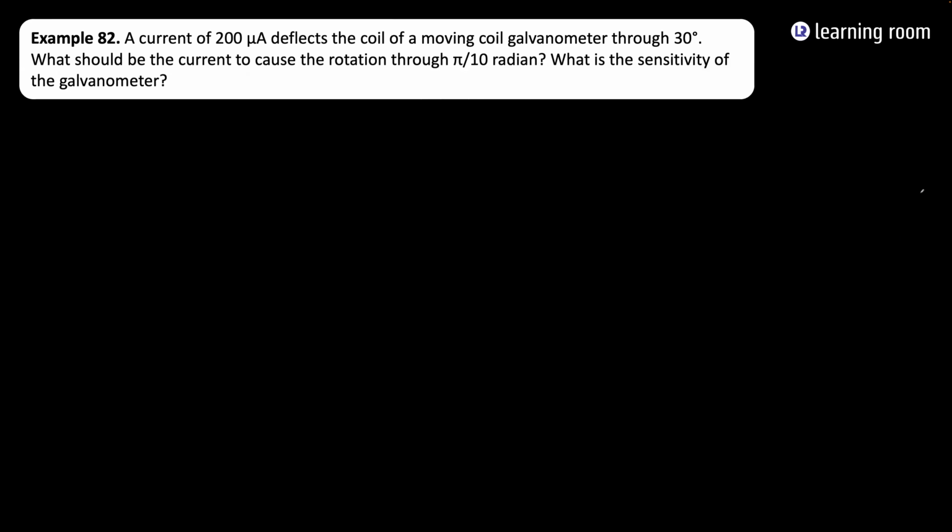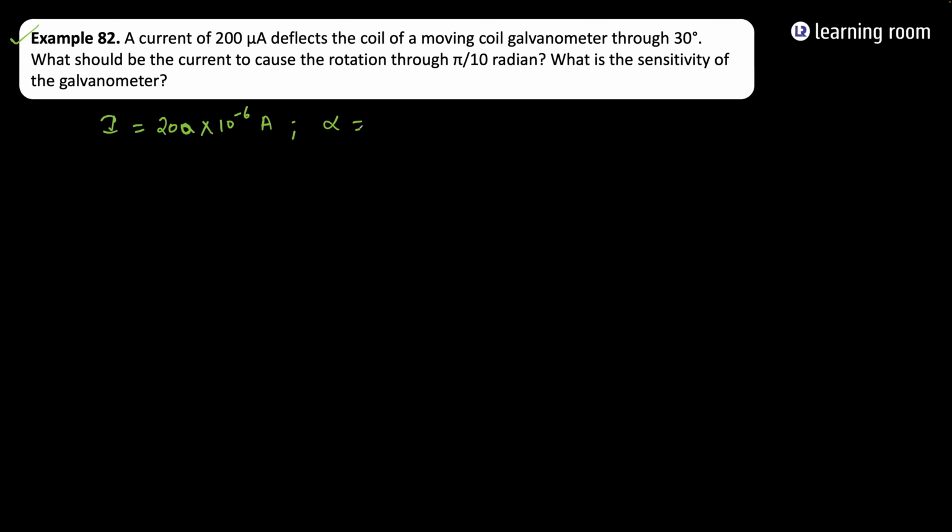So we'll do one last problem based on this concept. The last. The fourth problem based on moving coil galvanometer and its sensitivity: a current of 200 microamp deflects the coil of a moving coil galvanometer through an angle of 30 degrees. So I is equal to 200 into 10 power minus 6 ampere.